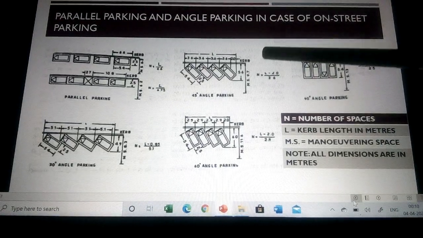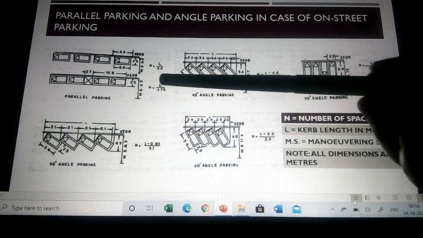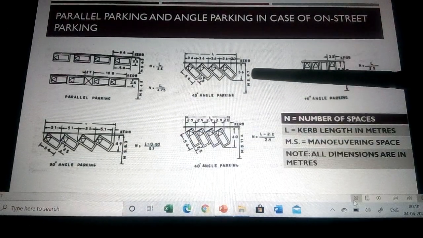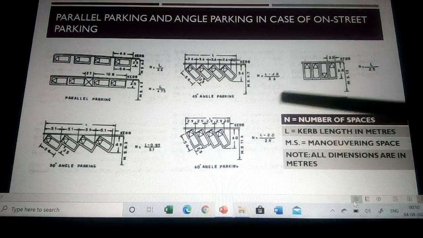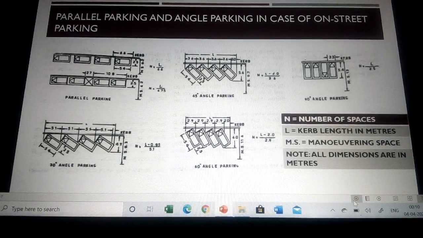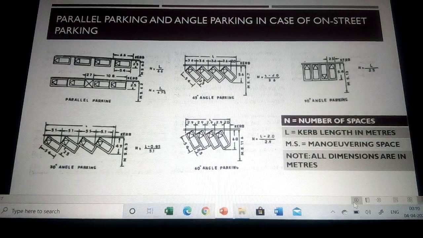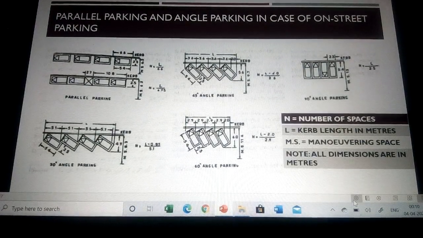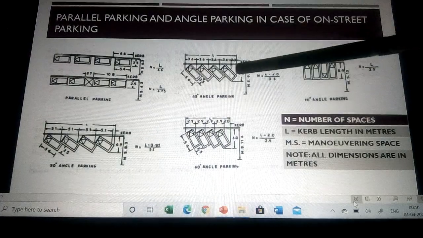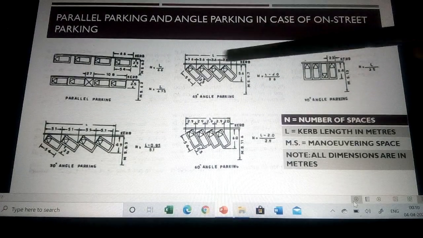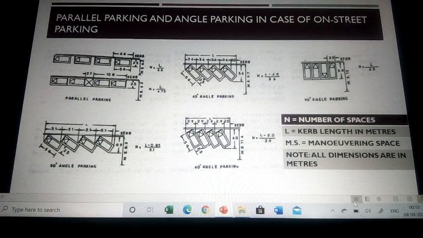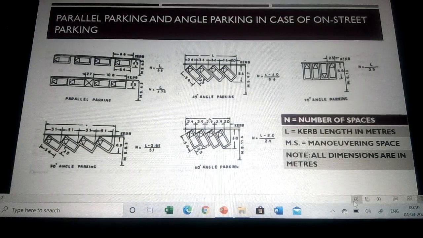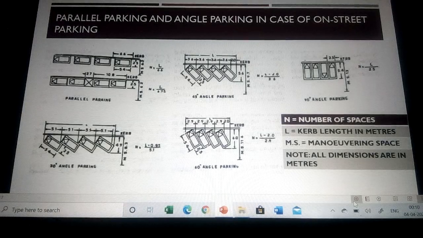And you can see the maneuvering distance also: here it is 8.3, here it is 9.7, here it is 11.4, here it is 13. That is for parking movement and unparking movement. So these are the technical dimensions, the curb length, the angle and the nature of parking that is usually done in case of on-street parking.